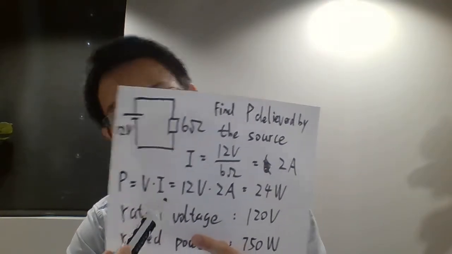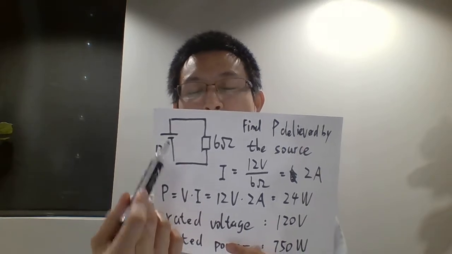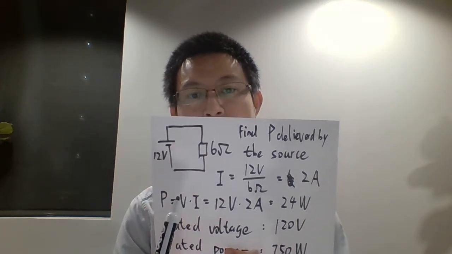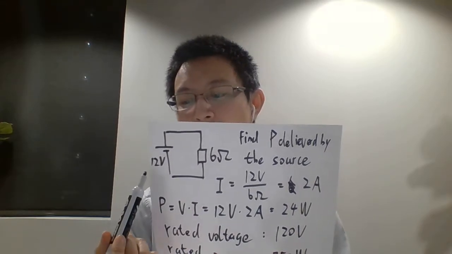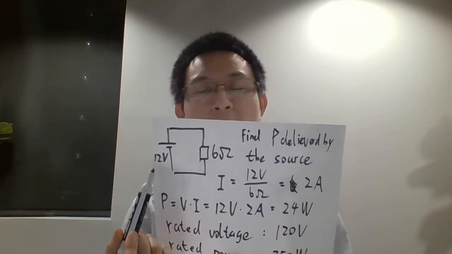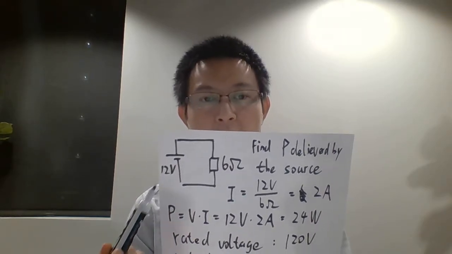As you have known, this power source is delivering power to this resistor, which is a load, and the battery, let's say power source, is powering it up, right? It is delivering power. So let's draw a picture for this.